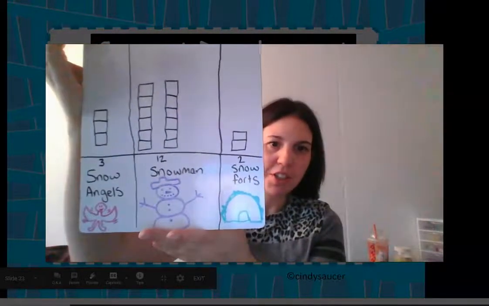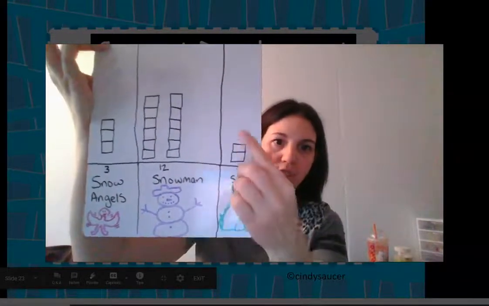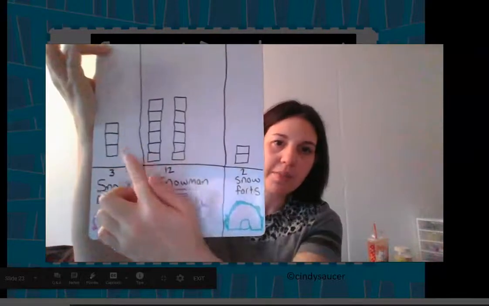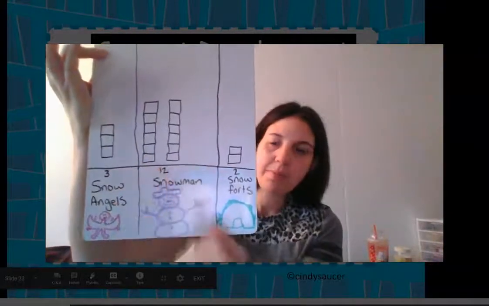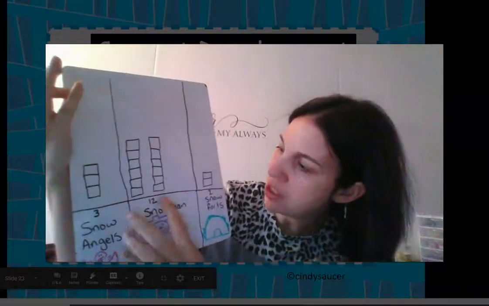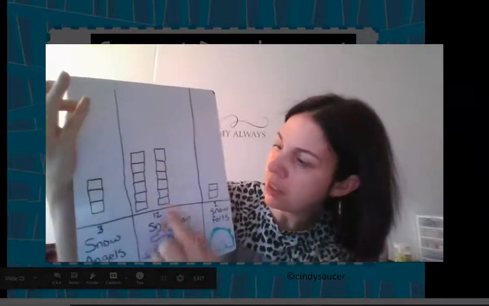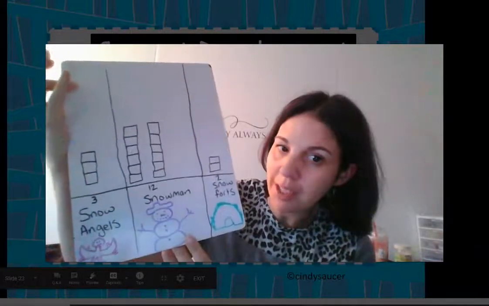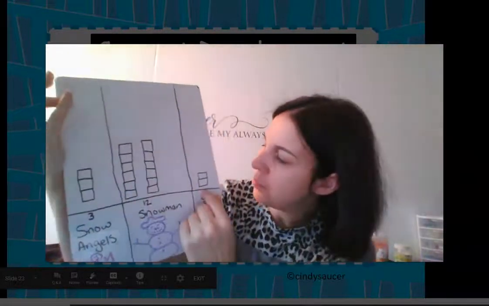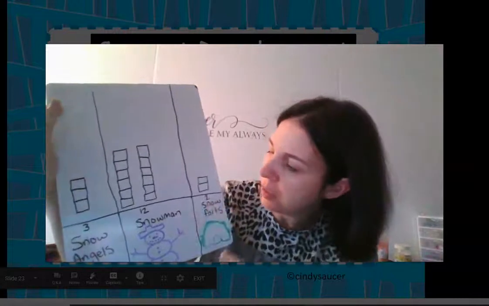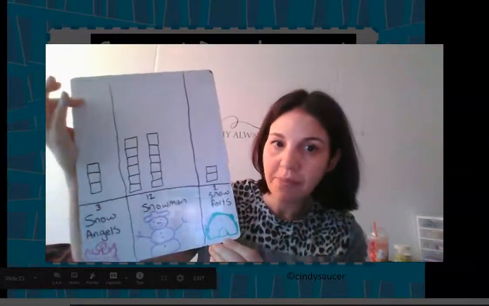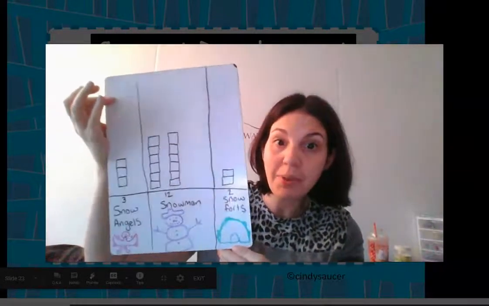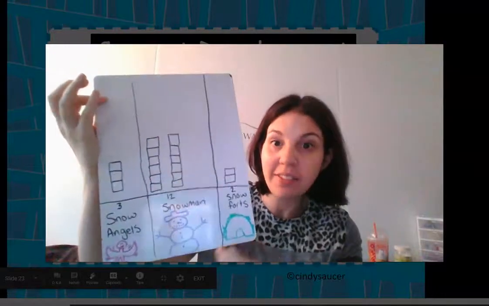I made some little pictures for you guys. We have snow angels over here with 3. We have the snowman, people who preferred to build a snowman. We had 12 people say that. My little snowman down here. And then we had 2 people say they preferred to build a snow fort. Okay? So now we're going to answer some questions based on this data.